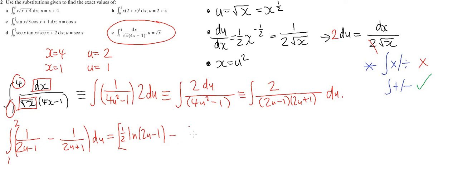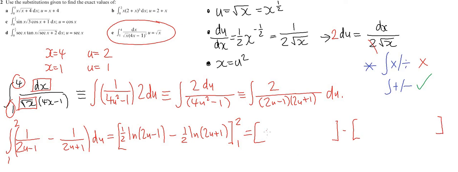Minus ln of 2u plus 1. Again, I've got an a, so I divide by that, so I've got half. And I put my new limits in terms of u. I said before, this is a really good way to do this, so you don't get any sign errors. You're picking up method marks.